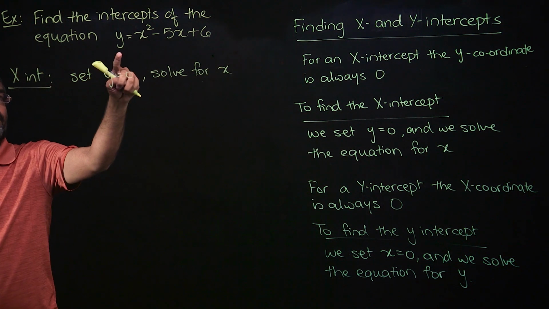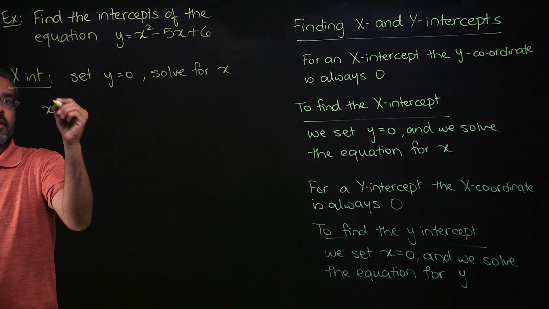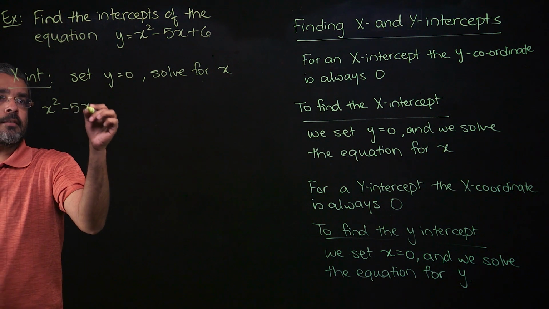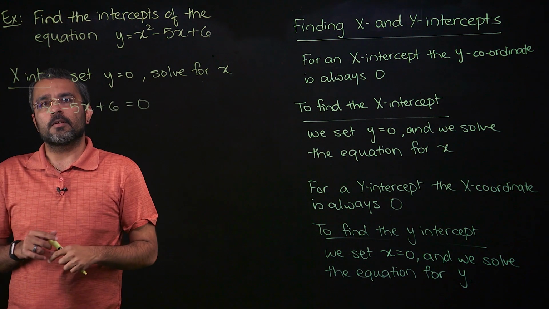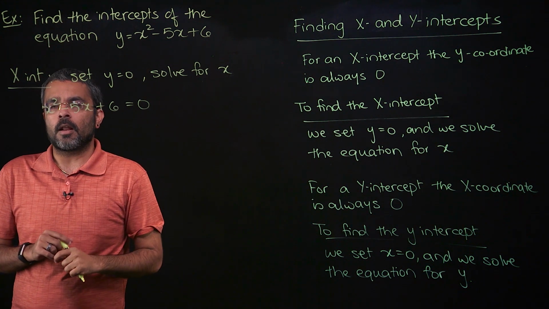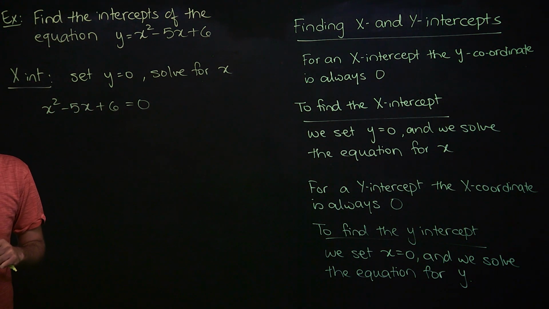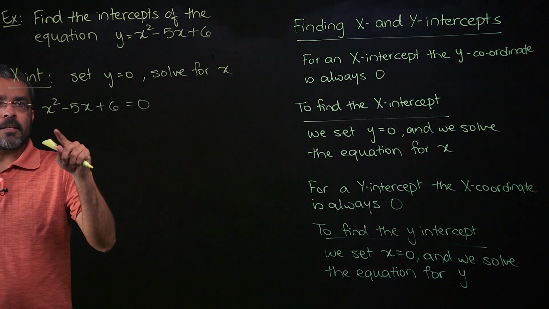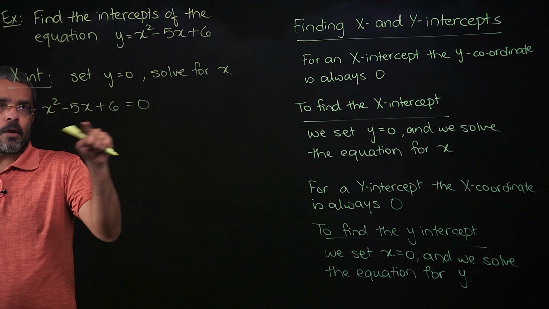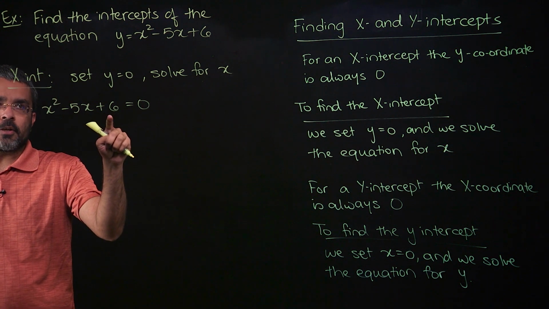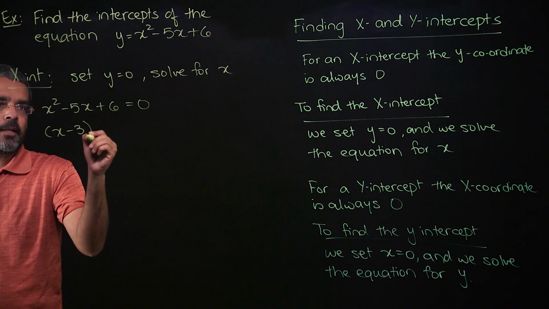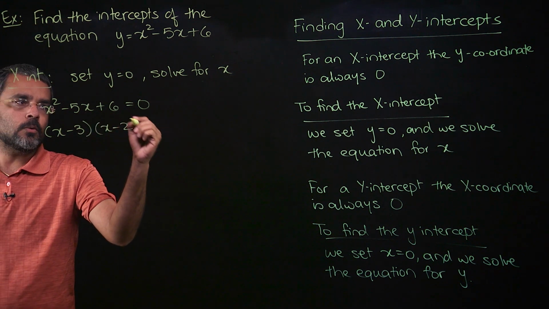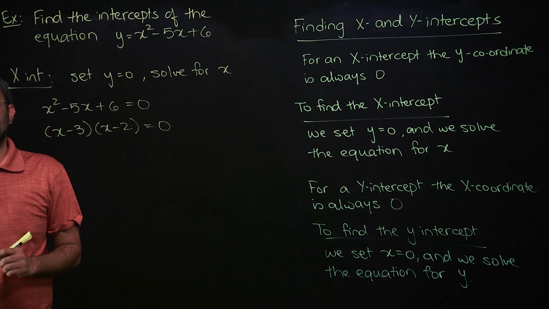Okay, so if I set y equal to 0, I'm going to get x squared minus 5x plus 6 equal to 0. How do we solve this? I'm going to give you a quick second to think about how we're going to solve this. So I'm guessing you guys have figured this out, but we'll have to factor this quadratic expression. And if we factor it, we're going to get x minus 3 times x minus 2 equals 0.